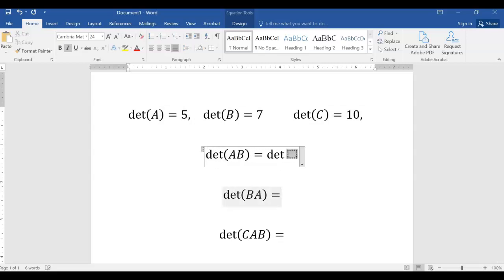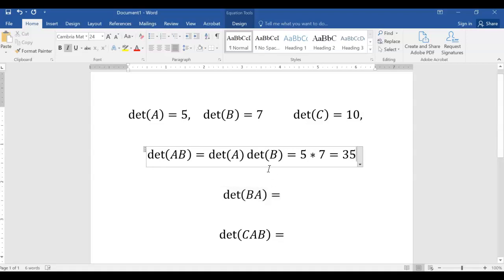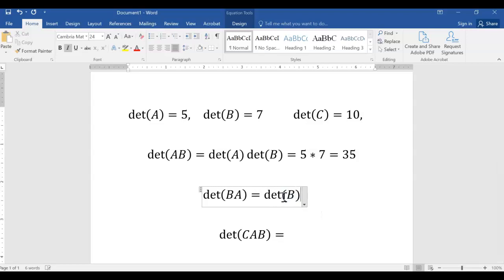But what I do know is that the determinant works like this. If you take the product of A and B and calculate the determinants, the multiplication rule of determinants says you can just take determinant of A, which is 5, multiply times determinant of B, which is 7, and I know that 35 is going to be the determinant of A times B. Now, if we did that with B times A, determinant of B times determinant of A, well, determinant of B is 7, A is 5, so again we get 35.